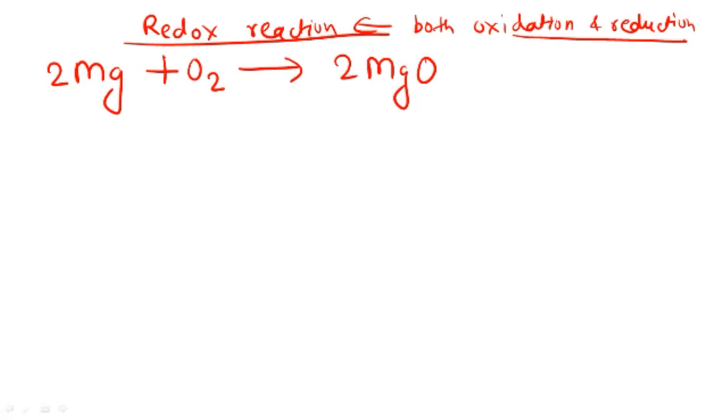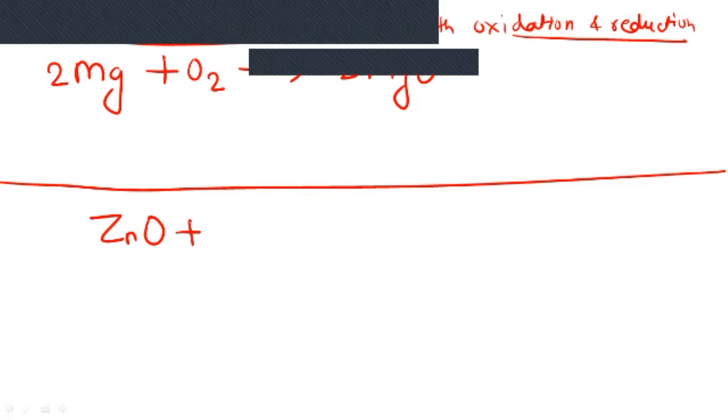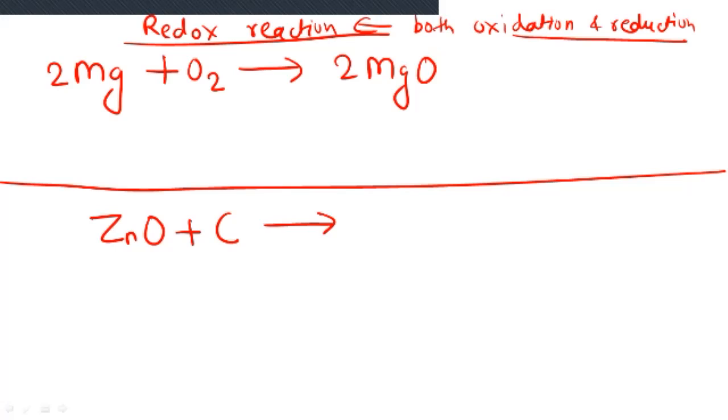Another example for redox reaction is this. Okay, I will explain this as well. Zinc oxide is reacting with carbon. Zinc oxide reacts with carbon, and it forms the carbon here.